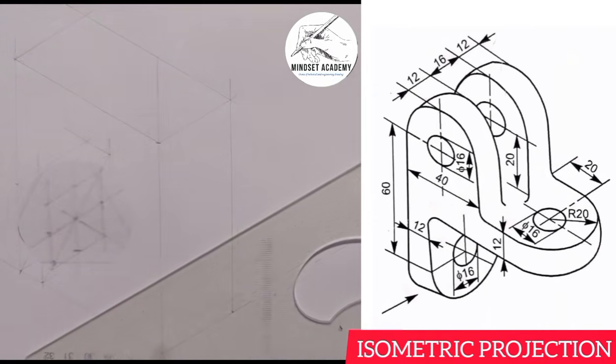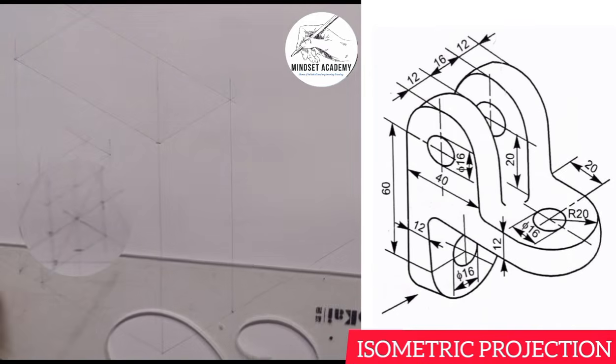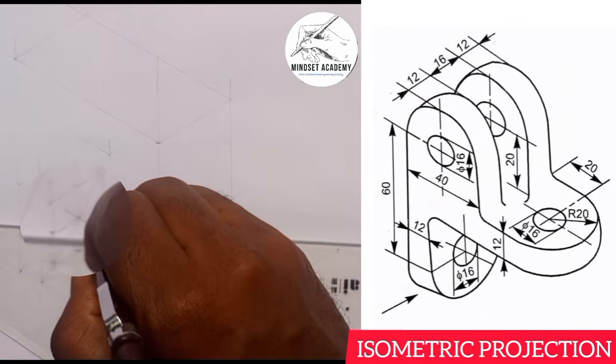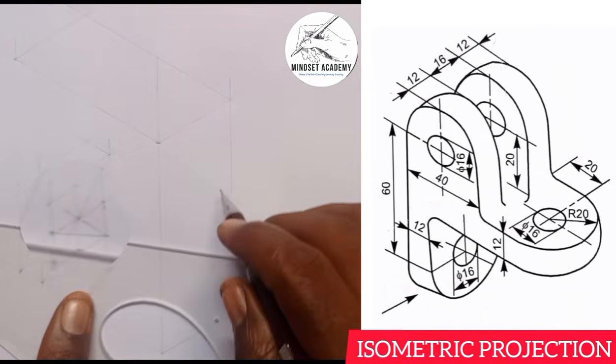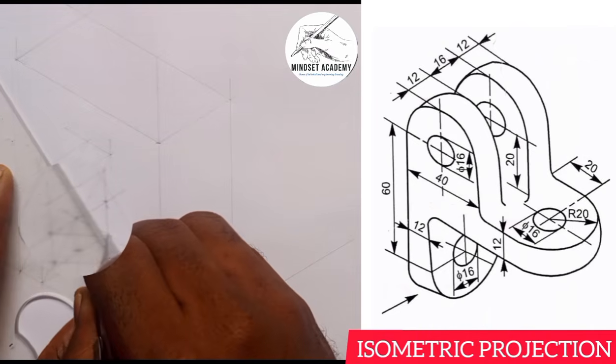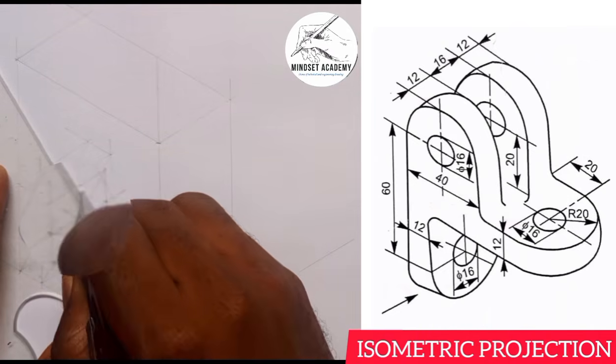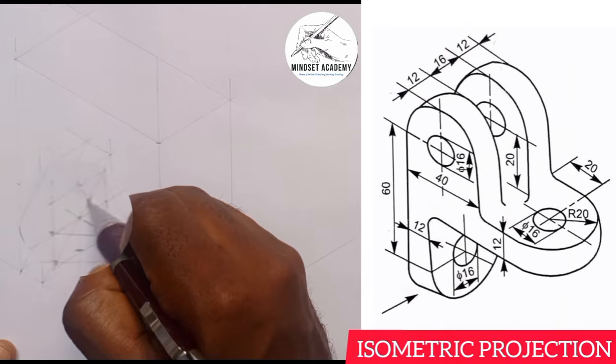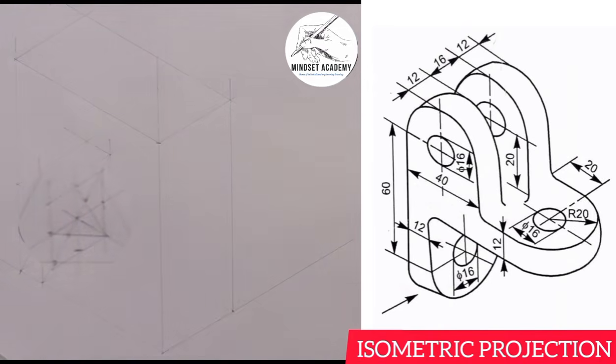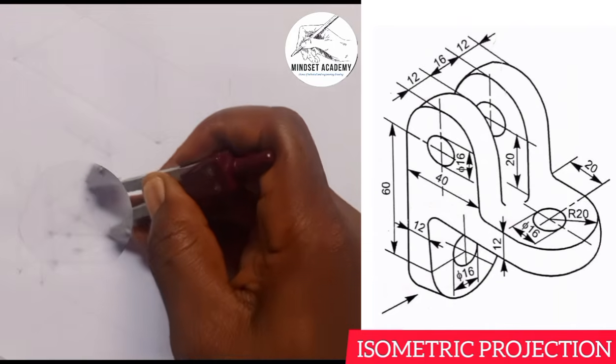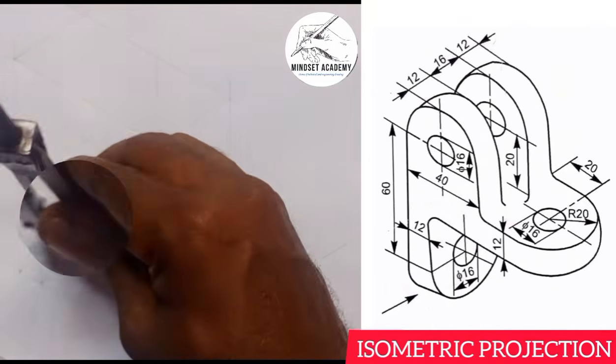But before I do that, I'm going to connect from this end to this end and from this end to this end. This is what we have here. So once I place my compass at this end here, I'll be able to draw this.